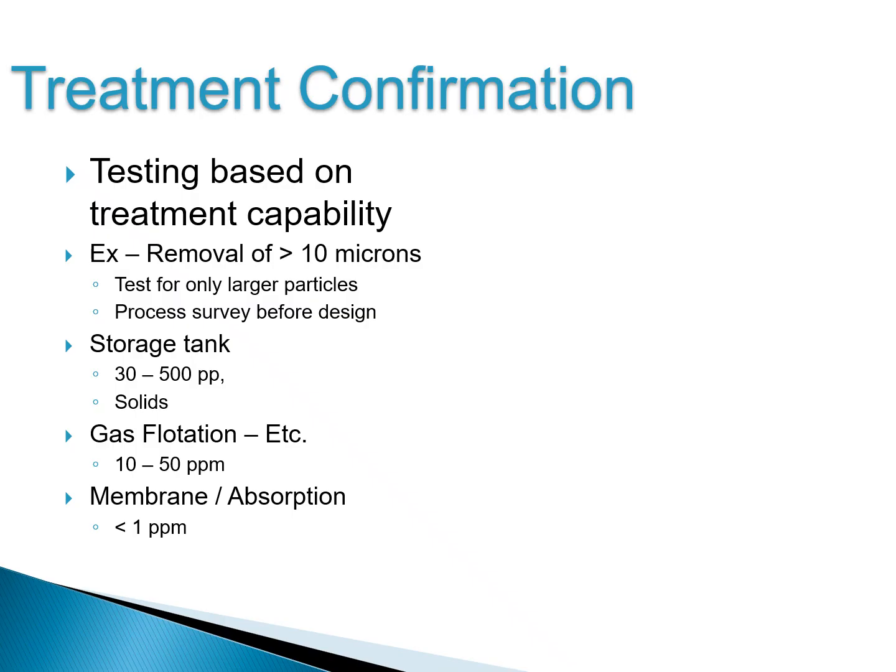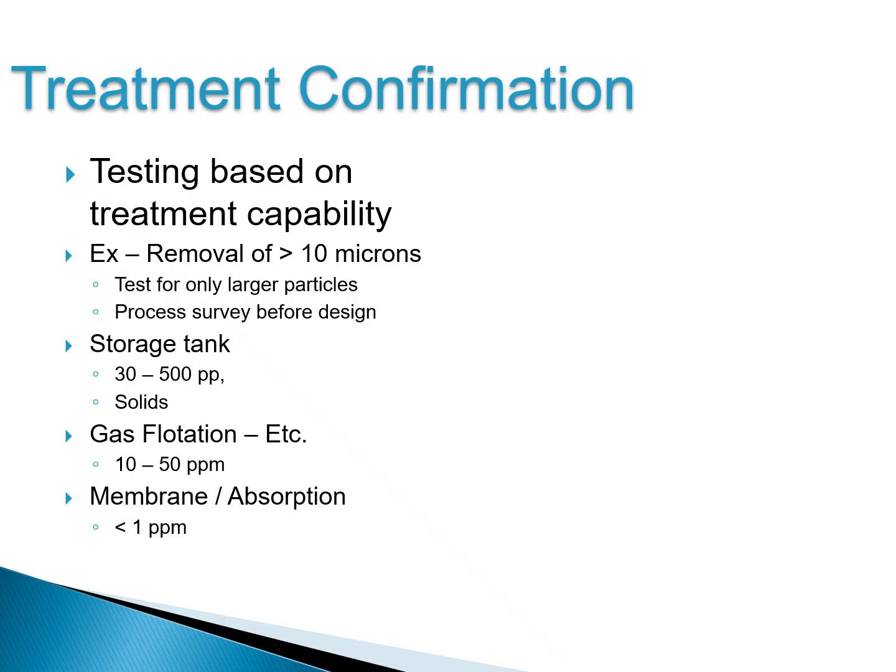In reality, between 30 and 500 parts per million is very likely in water quality out of a storage tank. It could be even higher than that, of course. There are a lot of different factors here. A gas flotation cell, which we talked about a little bit earlier, can be between 10 and 50 parts per million, again depending on the nature of everything.